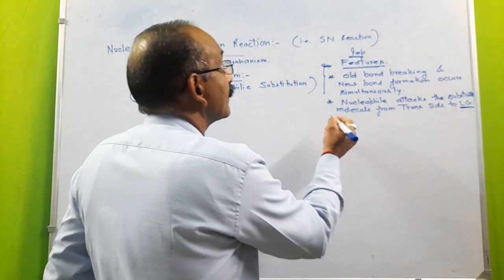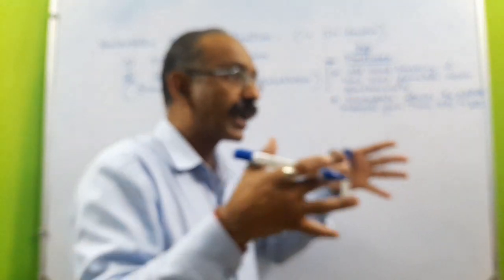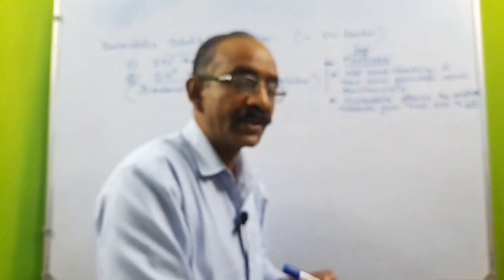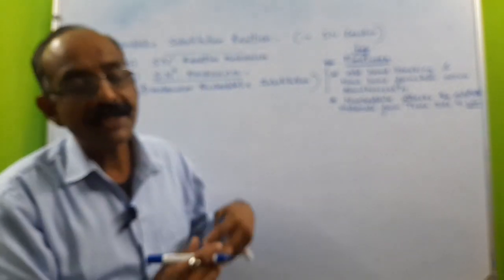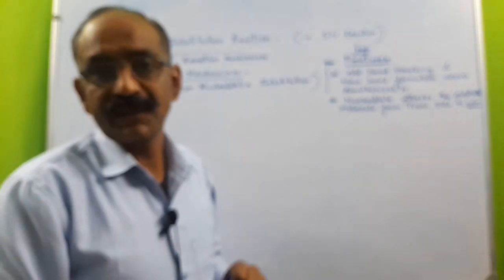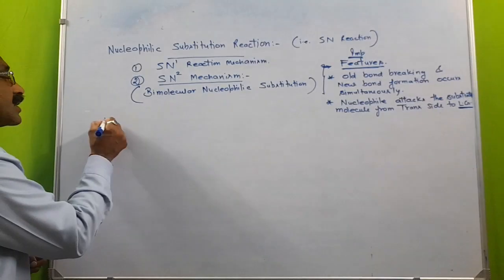And here, as we know, in this method the old bond breaking and new bond formation are occurring simultaneously. So there will be a situation when the old bond is not completely broken and the new bond is not completely formed. That type of situation is known as the transition state.